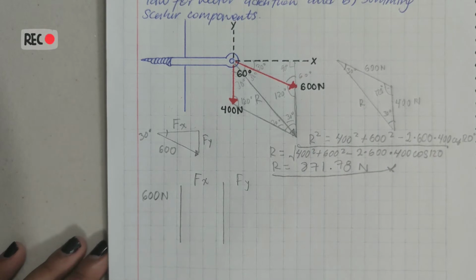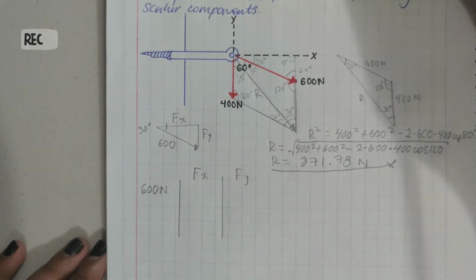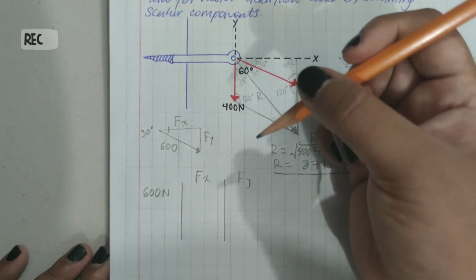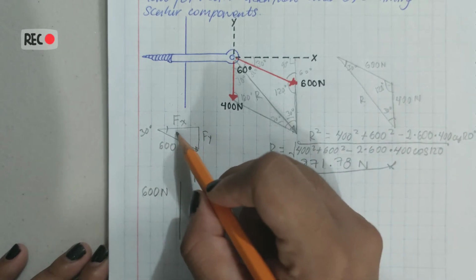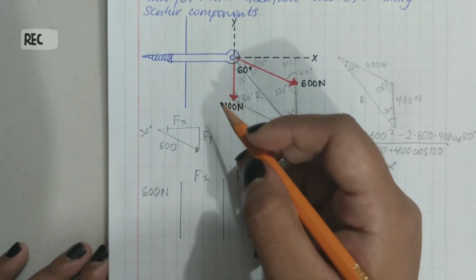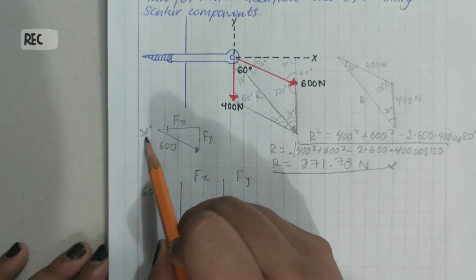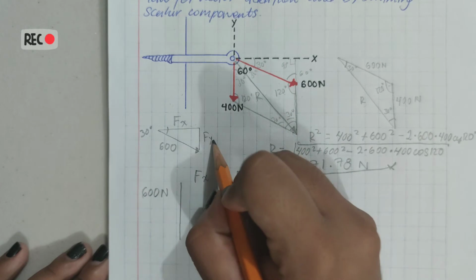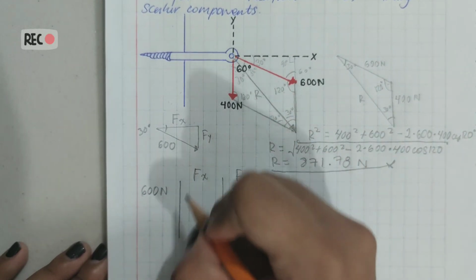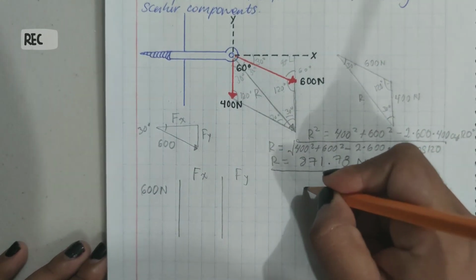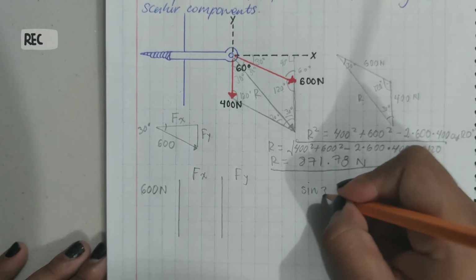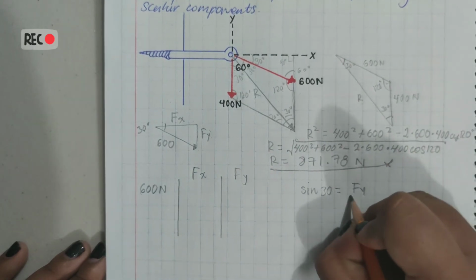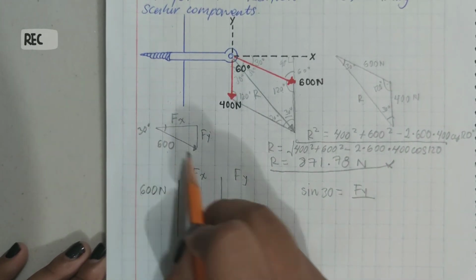So we can apply the properties of right triangles, and we can say that the sine of 30 degrees is equal to the opposite leg divided by the magnitude of the hypotenuse.